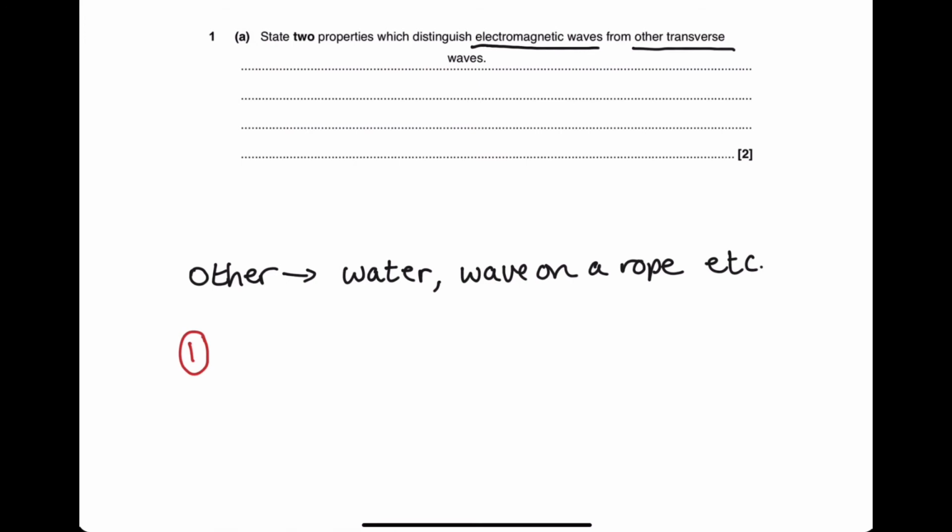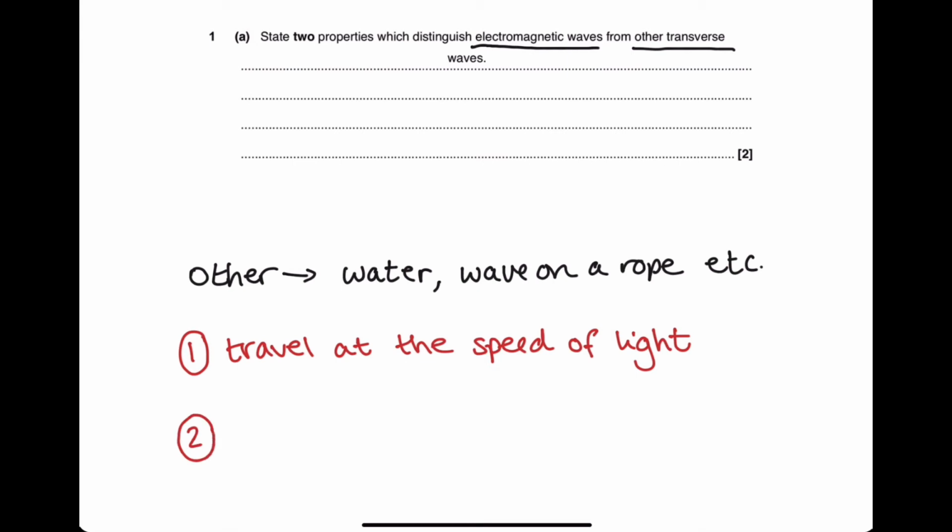Let's have a look at what we could put then. So we need 2 points. For the first point, we could say that all electromagnetic waves travel at the speed of light. So this is 3 times 10 to the 8 meters per second. So all of the waves in the electromagnetic spectrum will travel at this speed.